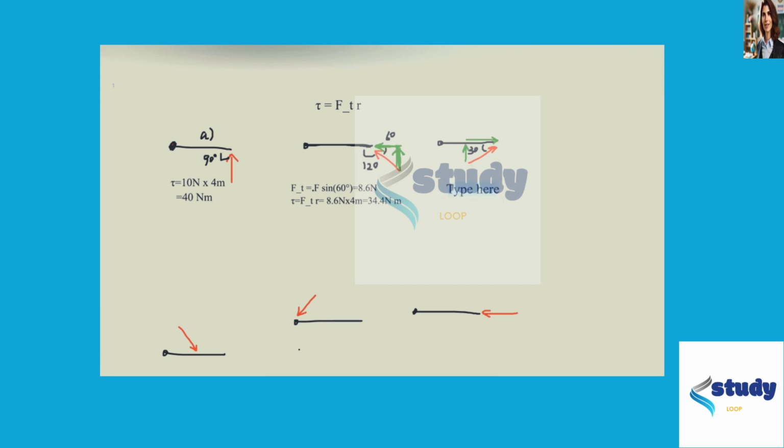So now we have Ft equals F times sine 30 degree. Sine 30 degree, if you put it into the calculator or if you remember it, it's just 0.5. So this is 5 Newton. And then torque equals Ft times R equals 5 Newton times 4 meter, which is 20 Newton meter.